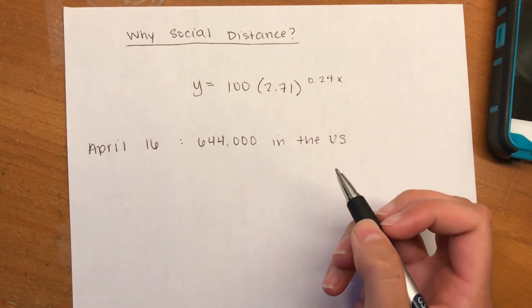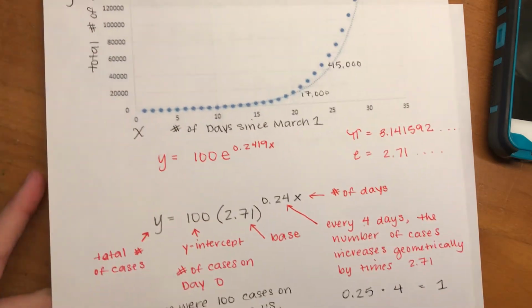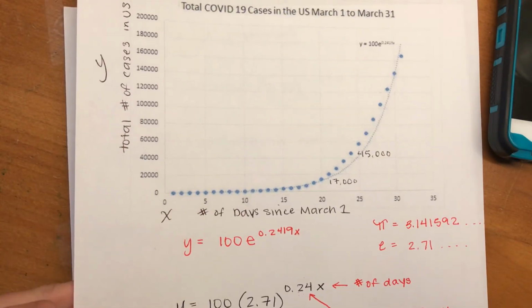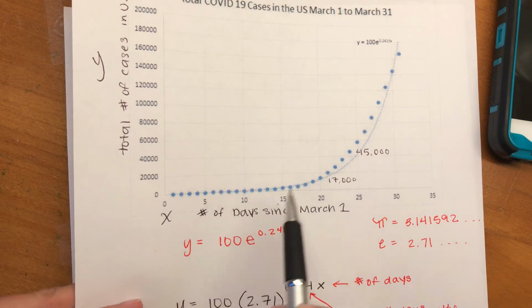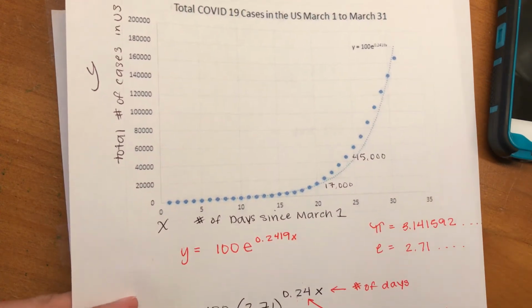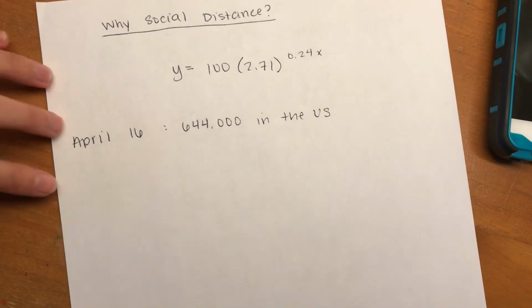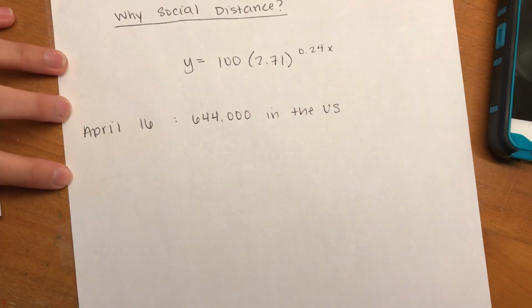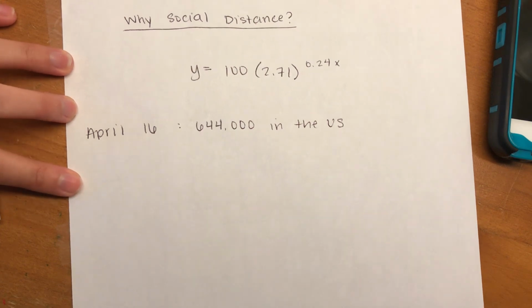Okay, now let's figure out what this number would be if we didn't social distance, and we're following this model. So this is the original exponential curve until March 31st. So I'm using the data up until March 31st to predict anything after March 31st. Okay, so April 16th, let's think, how many days is that after March 1? Well, it's 16 days after March 31st.